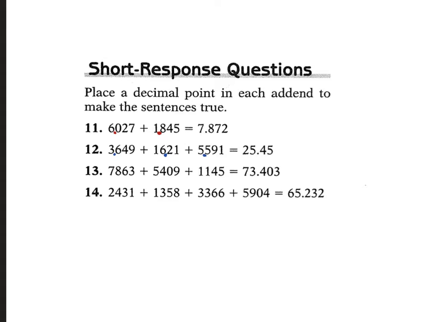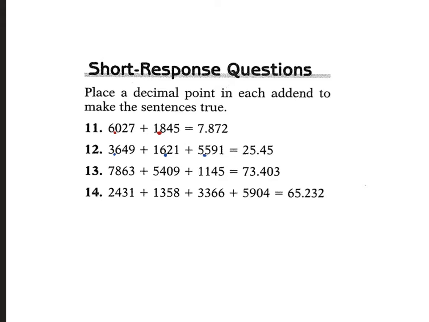So if we add these up, if we did 3.649, I'm just using a calculator to do this, plus 16.21, that gives us 19.859. If we then add the 5.591 to that, that gives us 25.45. So that is correct.